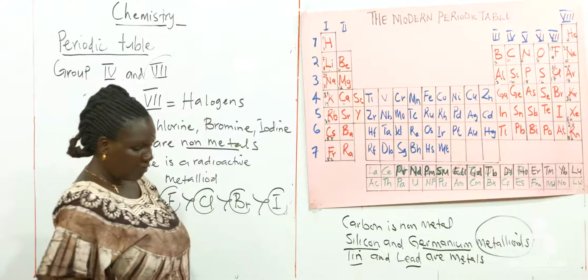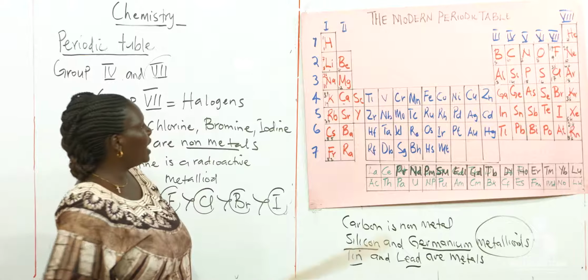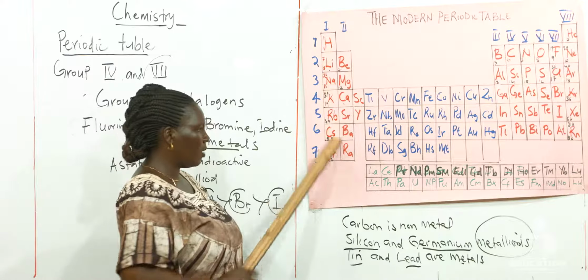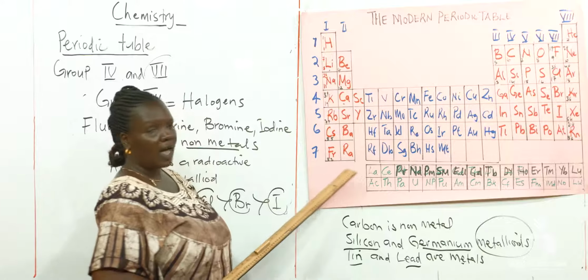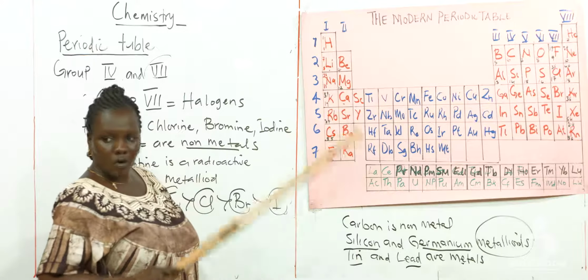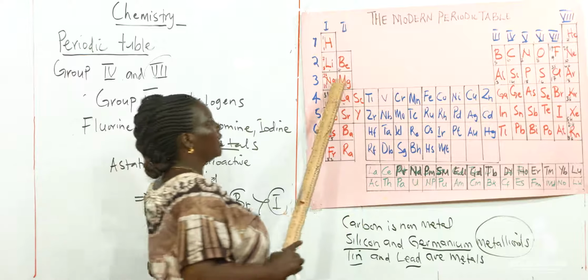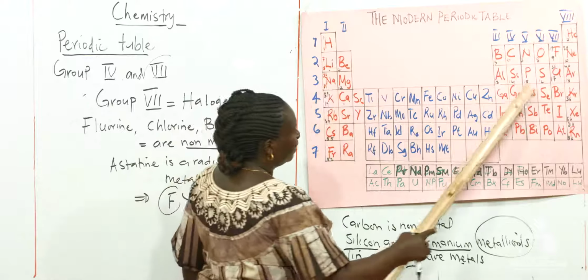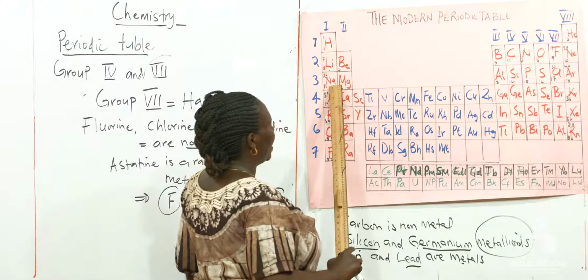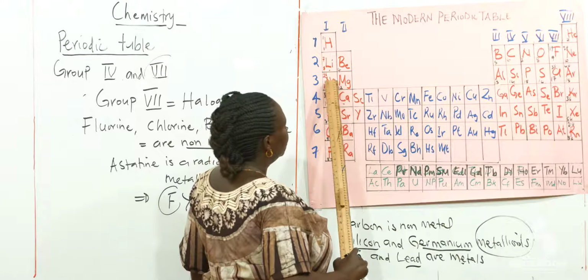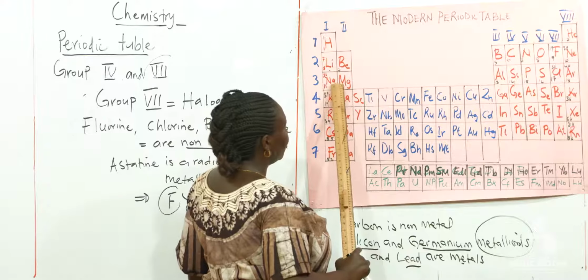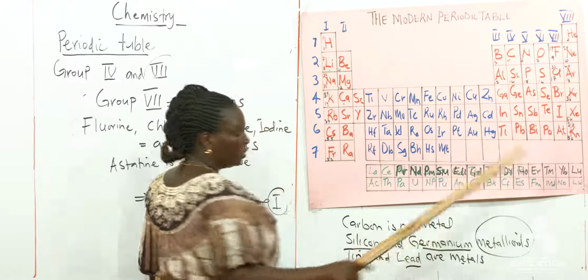And then they form salts with the alkali metals, the same salt. The common salt, sodium chloride, is formed as a result of the reaction between the alkali metal sodium and the halogen chlorine.